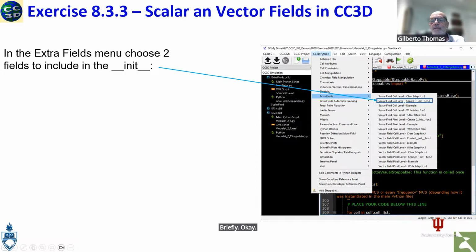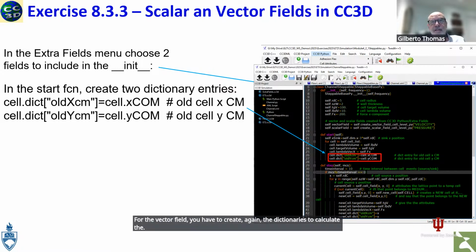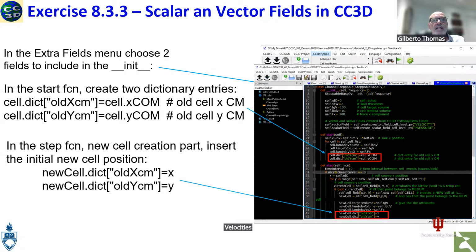Okay? So the way to introduce the fields is the same as before. Go to the Python drop-down menu, insert the fields. For the vector field, you have to create again the dictionaries to calculate the velocity components.